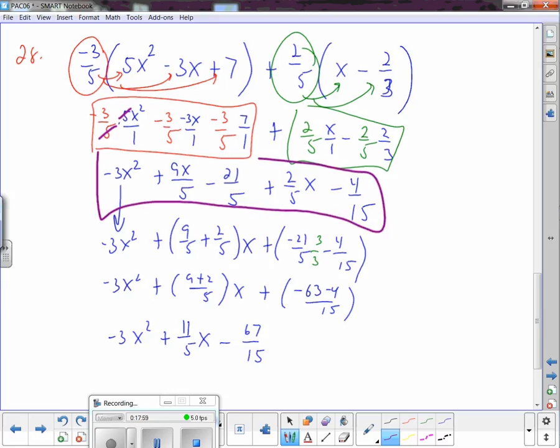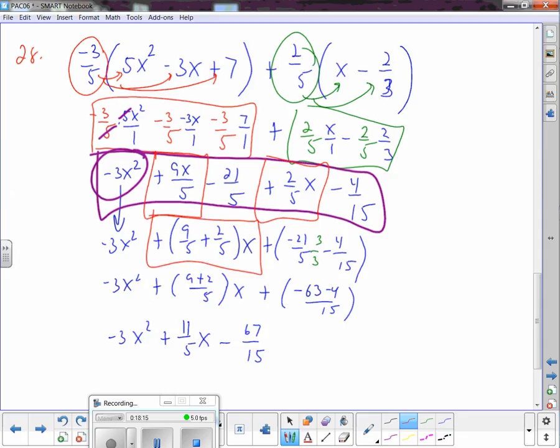Well, there was no other x squareds, so that just stayed all the way through. But I now had to do my x's, and that's right here. I also had to do my numbers, which is right here. Again, common denominators if you need them, add the numerators, put them over the common denominator, and away you go.